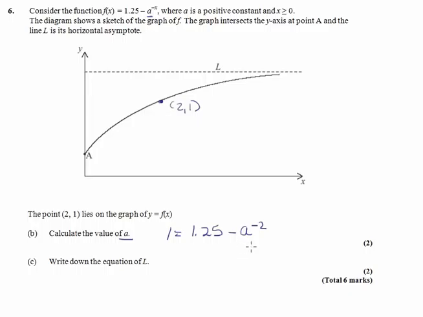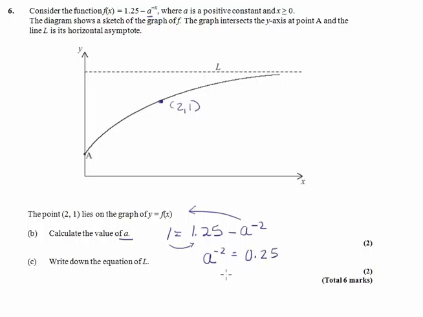And now we're just going to have some fun and do some algebra. So the first thing I'll do is rearrange this, get a by itself, and I don't like that negative a. So I'm going to move it over to the other side by adding a and subtracting the 1. So I have positive a to the negative 2 equals 1.25 minus 1.